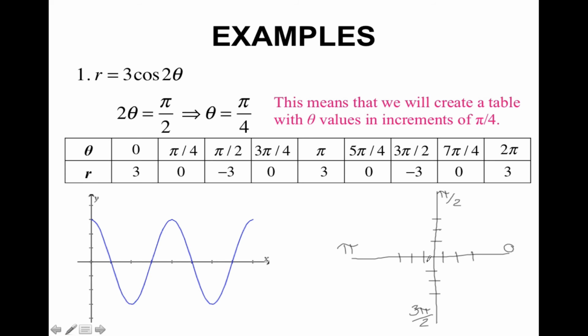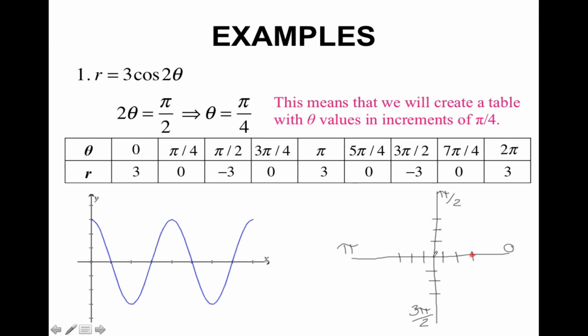All right, so now I'm going to graph each one of these points like I did earlier when I was graphing polar coordinates. So my first point here is an angle of 0 and a radius of 3. So that means when I stand on my origin and turn my body 0 radians, facing the 0, I'm going to move 3 units out. So I'm going to land at this point.